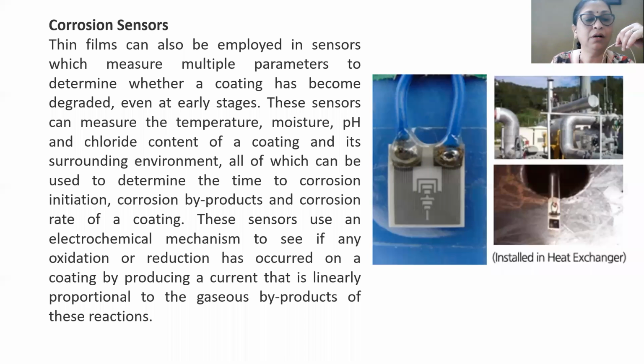This oxidation and reduction is going to produce a gaseous byproduct, and this gaseous byproduct can be measured to determine the amount of corrosion that has occurred. Here you can observe in industry various components, various blocks may be subjected to corrosion, and that needs to be detected, and that can be detected with the help of such corrosion sensors.